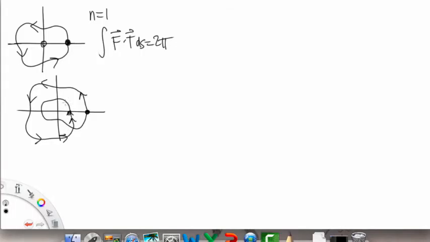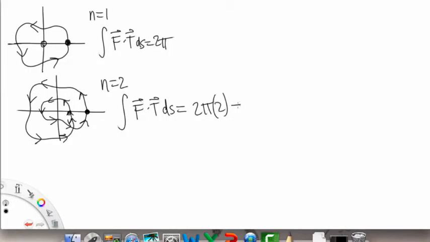Then we continue, still going around, and we go around again. So this time we went around twice. In this case, the line integral of the vortex vector field around this curve would be 2 pi times n, which is 2. So that would be 4 pi.